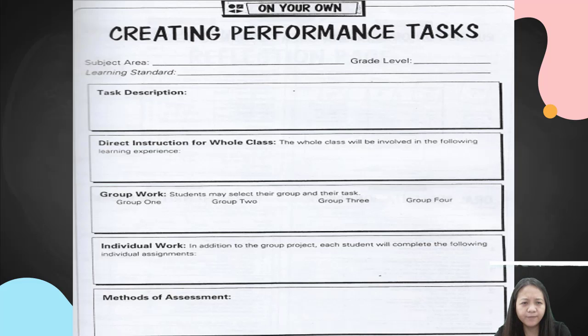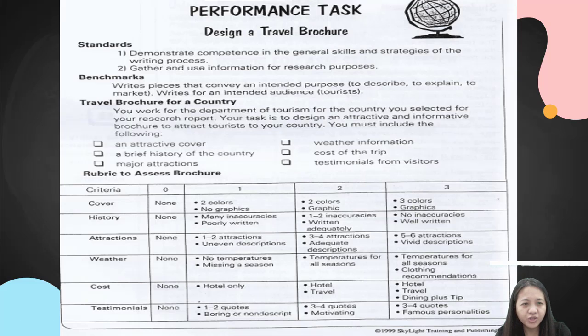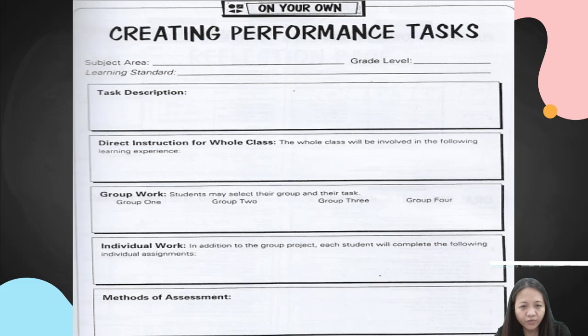The task description, as mentioned here, is the benchmark, and then direct instruction for the whole class, and then group work. You have to give the description of what to do in group 1, group 2, group 3, group 4. And then individual work. This one is the individual assignments and methods of assessment.